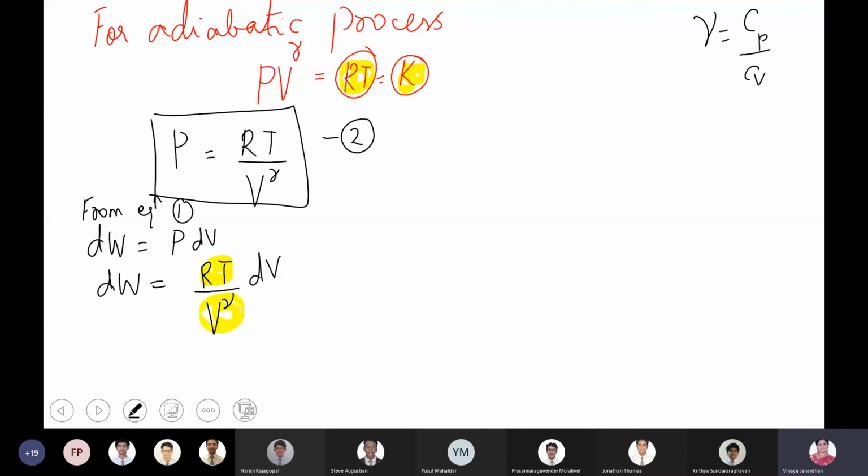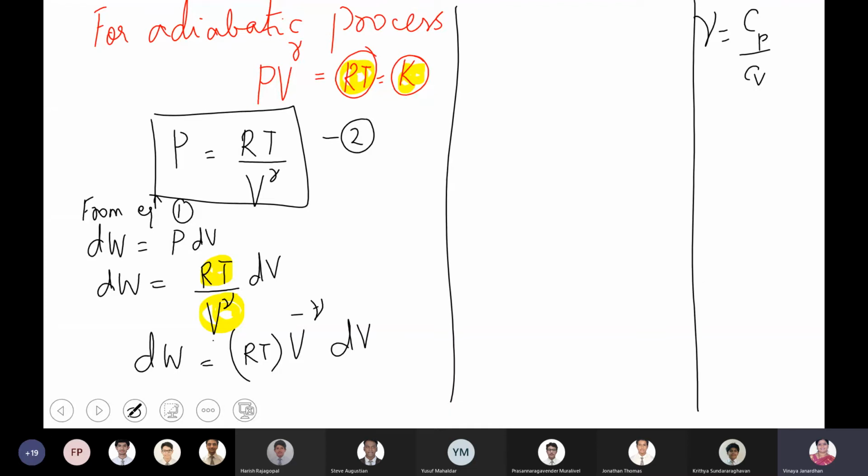And now let us see how I can express V to the power of gamma. So dW becomes equal to K into V to the power of minus gamma into dV. Sorry, minus gamma. V to the power of gamma in the denominator goes as V to the power of minus gamma in the numerator. Is that fine, boys? Yes, ma'am.